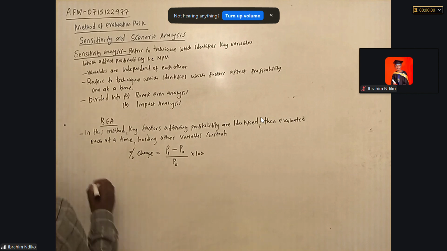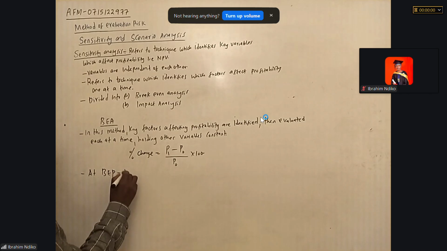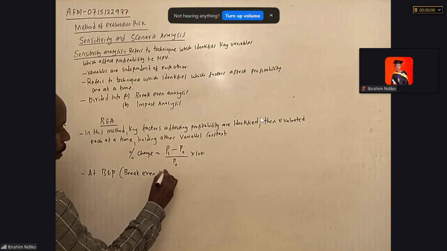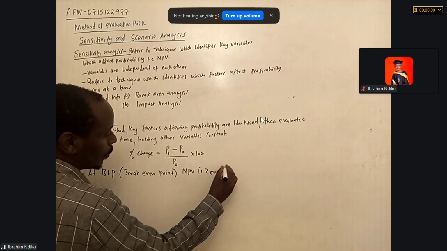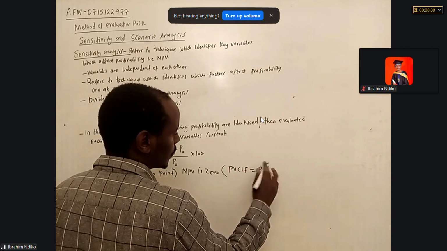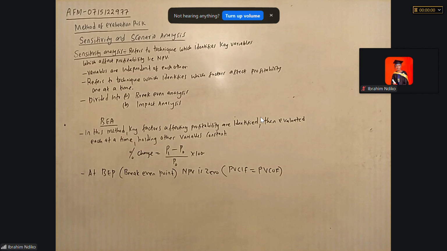And then remember that at BEA, at the break-even point, NPV is always 0, which means that the present value cash inflow is the same as the present value cash outflow.